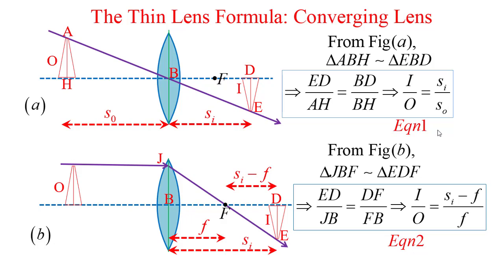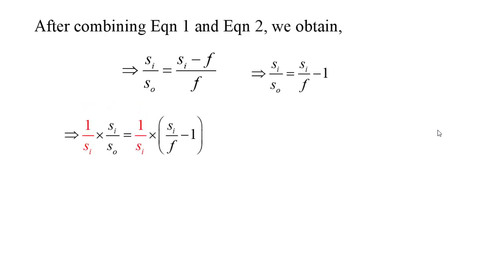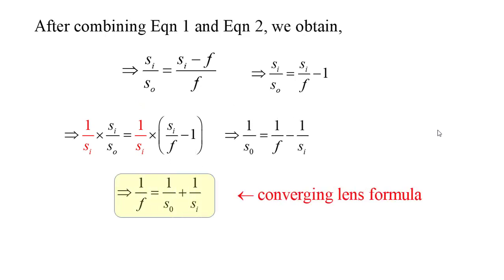We will hold this as second equation, equation 2. After combining equation 1 and equation 2, we can simply write SI over SO is equal to SI minus F divided by F. By rearranging this equation, we can finally write 1 over F is equal to 1 over SO plus 1 over SI. This is the converging lens formula.